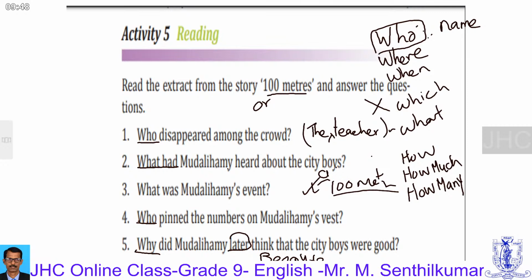Yeah, it may be. But the answer should be because they wished him or they congratulated him, right? The possible way. This is called a comprehension question. Already I explained to you how to make a question. Now this is the way I explain to you how to write the answer for that question. Is it okay? Right? Clear?